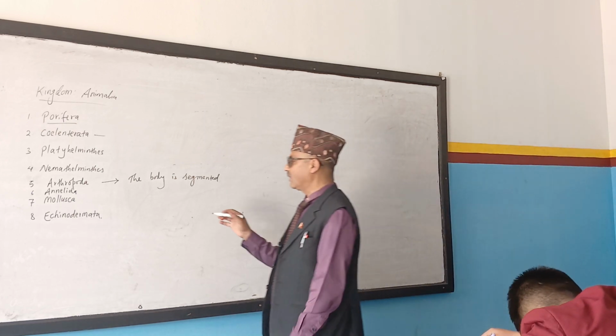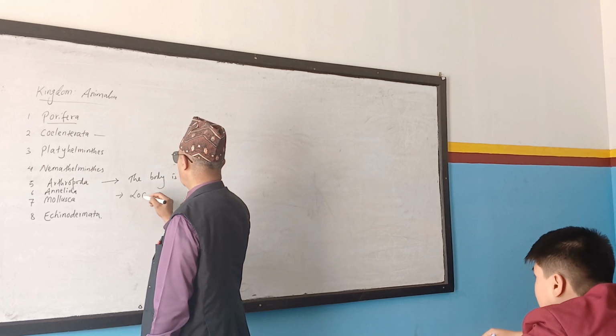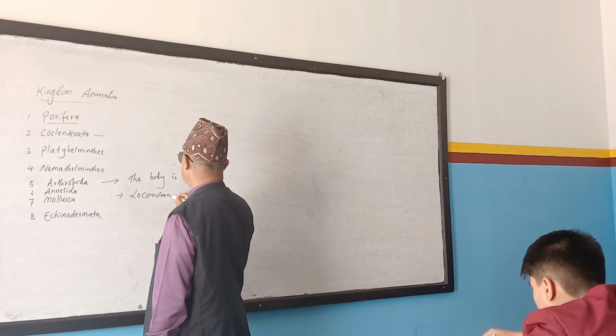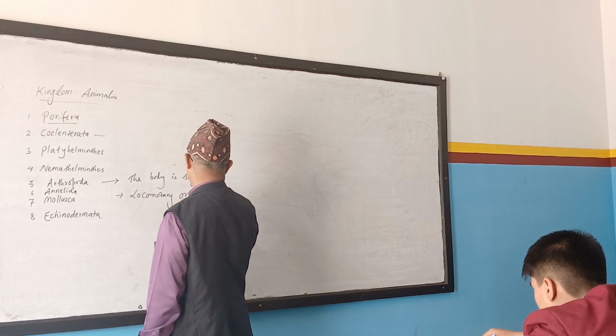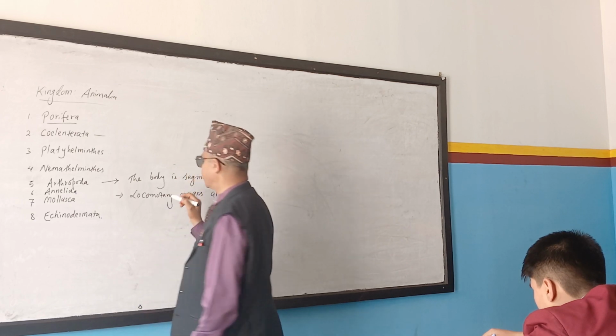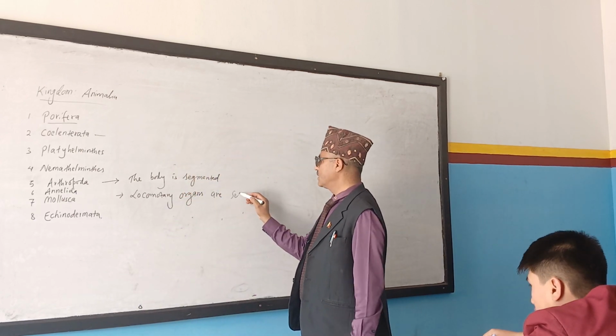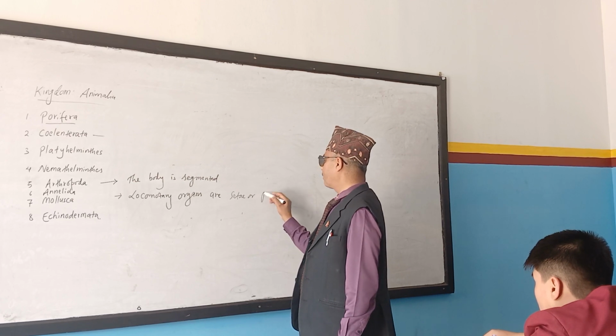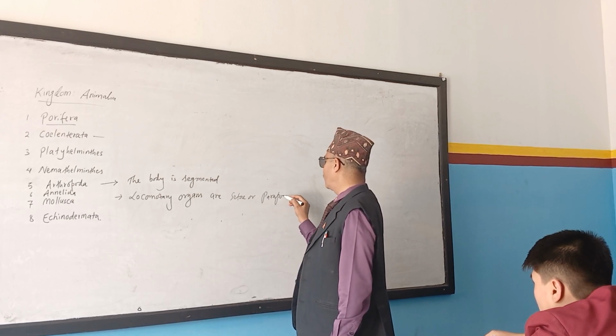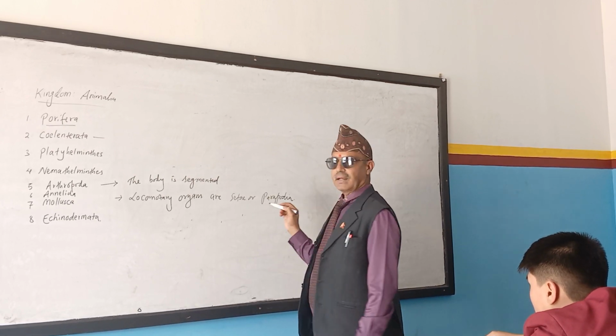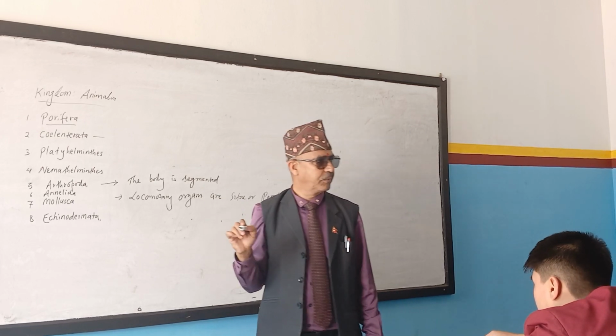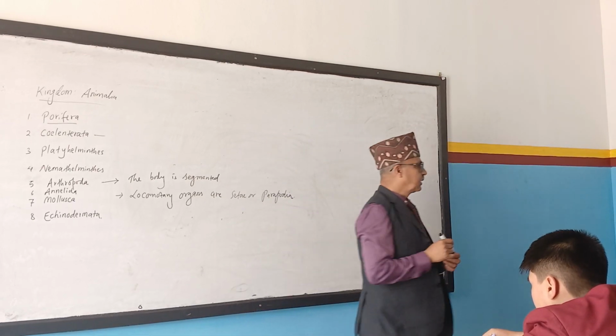Locomotory organs are setae or parapodia. Parapodia. Seta or parapodia. Okay? Done? Yes, sir. Now point number 3.